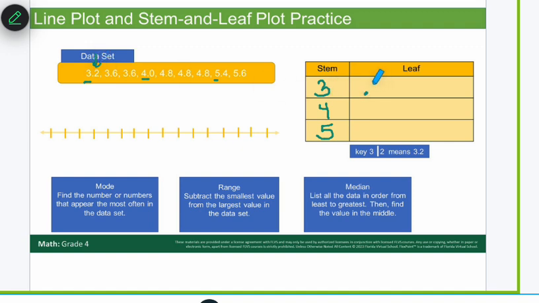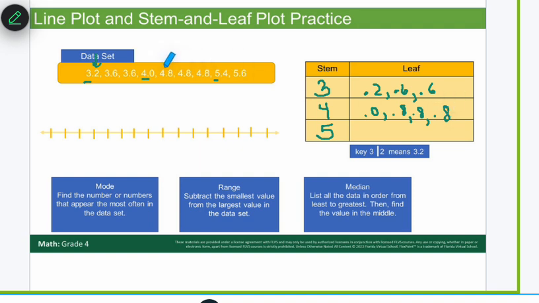So I have a 3 2/10. I have another that is 3 6/10. Then I have another 3 6/10. So these ones are done. Now I'm going to start over at my 4. I have 4 no tenths, 4 8/10, 4 8/10, 4 8/10.